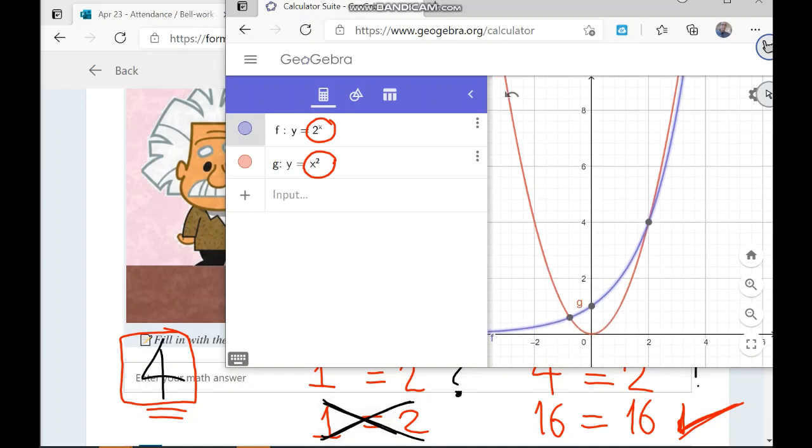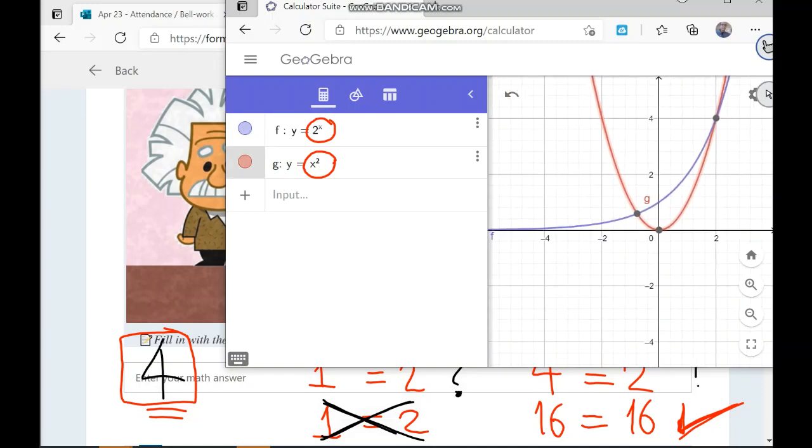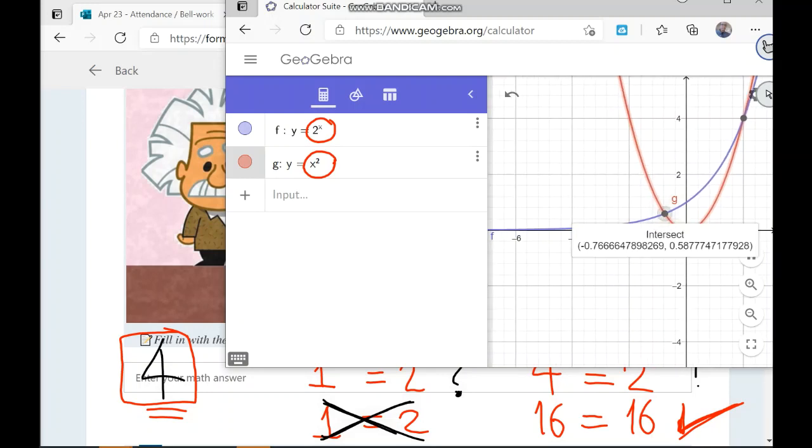Another intersection is for x equals 2. And we have a third intersection, x equals negative 0.76666, and a bunch of decimal places. So this is also another solution. It's hard to calculate, but you can find it on the graph.